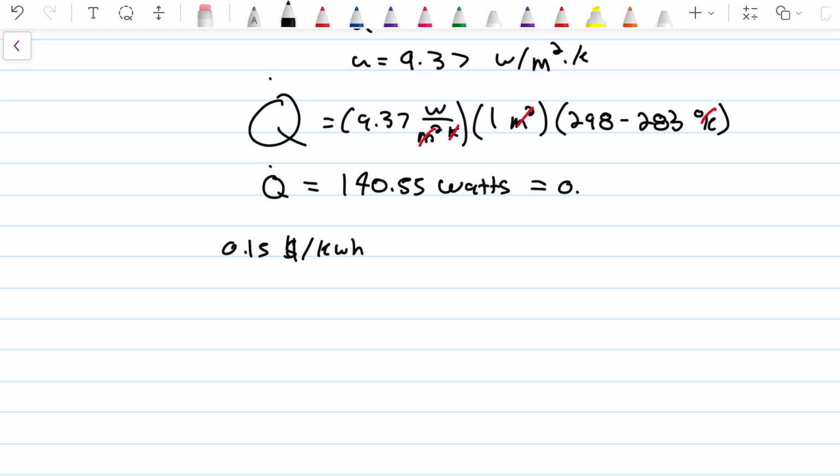This is equal to 0.141 kilowatts, we'll call it. Okay, and then let's just apply our unit conversion. 0.141 kilowatts times this.